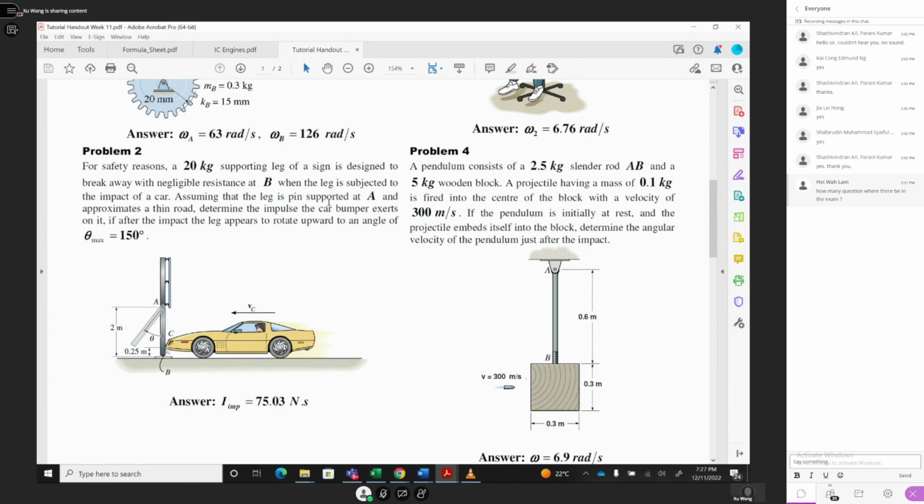Assume the leg is pin supported at A, and approximately a thin rod. This is a very thin rod, so this height is negligible or ignored.